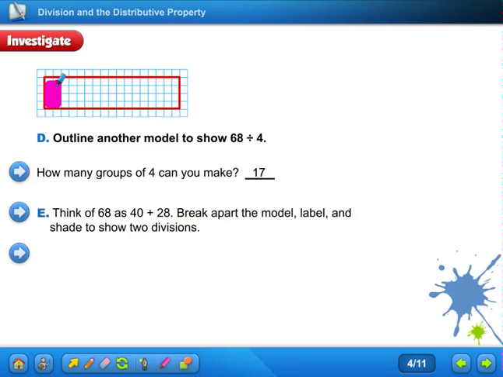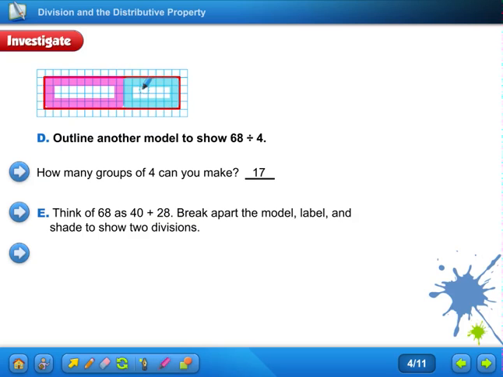If it doesn't work, I'm just going to do 1, 2, 3, 4, 5, 6, 7, 8, 9, 10. All right, so there's my 10 there. And then I'm going to grab the blue over here, and I know that 4 times 7 is 28, so let's make sure. 1, 2, 3, 4, 5, 6, 7.